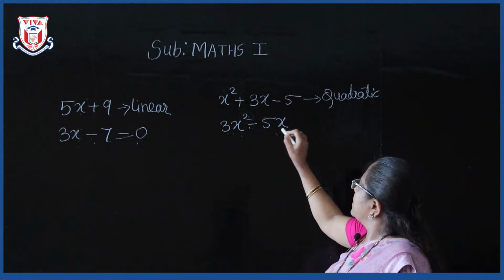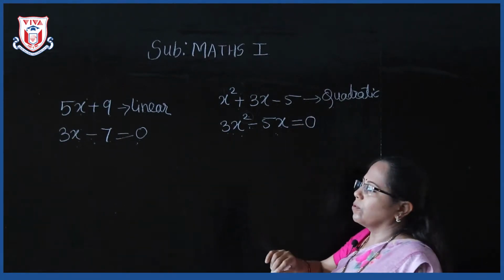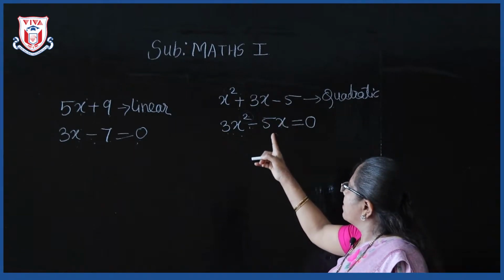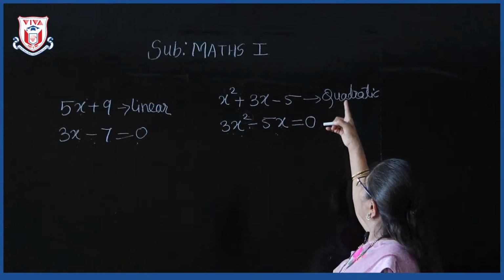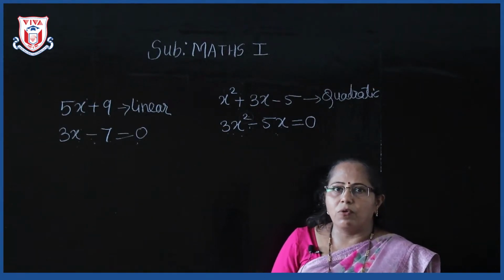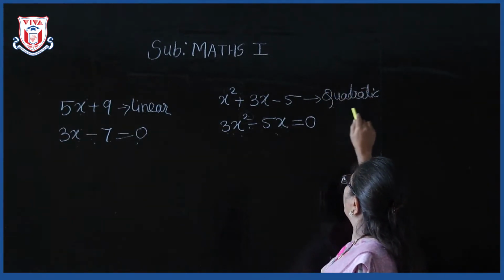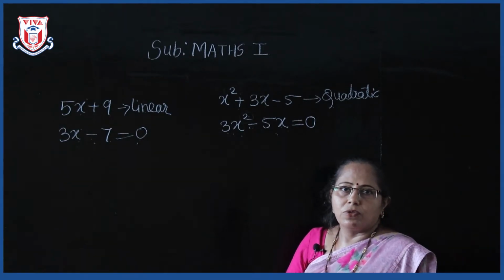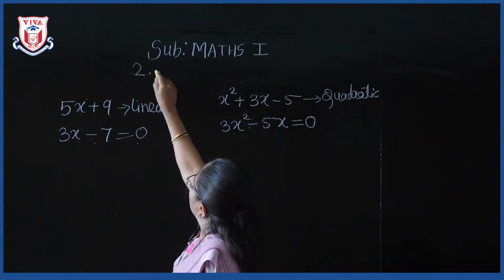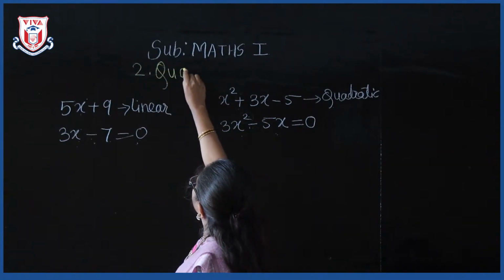If you equate this polynomial equal to 0, then it will become an equation. And this equation is called a quadratic equation. So students, today we are going to study about quadratic equation. So today we will start lesson number 2, quadratic equation.